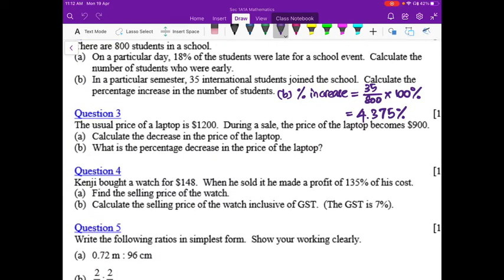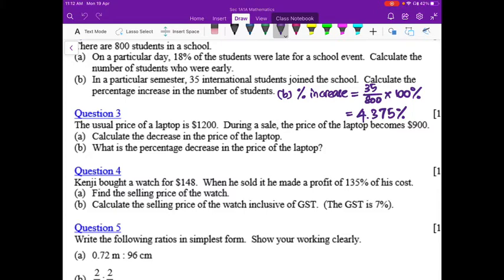Okay, next one, question 3. The usual price of a laptop is $1,200. Original, 1,200. Now there's a sale. The price becomes $900. Did it become more expensive or cheaper? Cheaper. Cheaper by how much? $300.